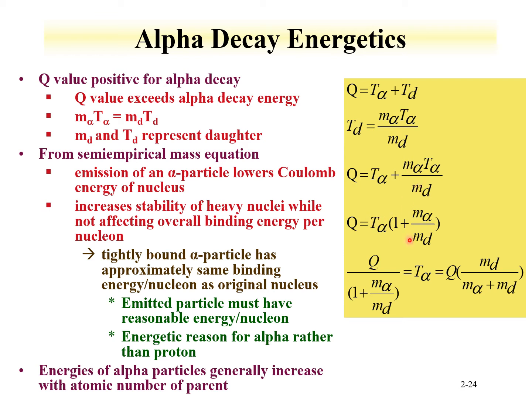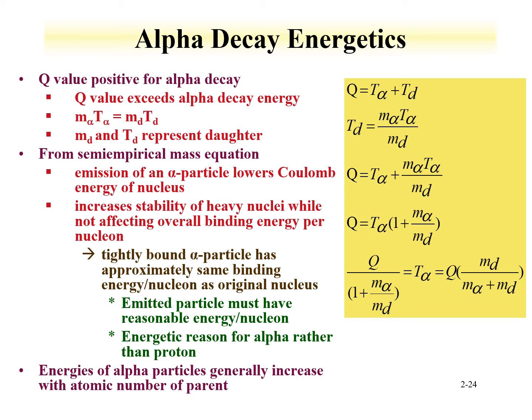We can rearrange this, and we end up with a final relationship where the kinetic energy of the alpha particle is equal to the Q value times the mass of the daughter divided by the mass of the alpha particle plus the mass of the daughter. From this equation, we see that the bulk of the kinetic energy is taken up by the alpha particle. So the Q value is often close to the alpha decay energy.